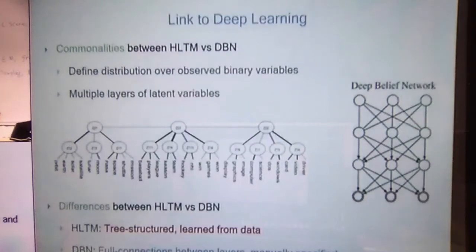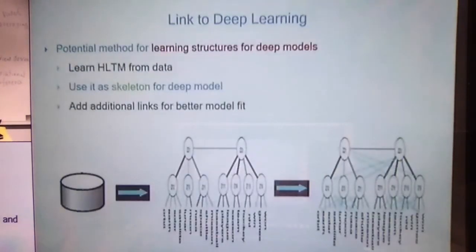So they have different strengths, and it would be interesting to explore some middle ground between those two extremes. One idea we have is, why don't we start from data, learn an HLTM, and then use this as a skeleton of a deep model? After that, we add some additional links to make it more complex, and hopefully capture more correlations, so that we can fit the data better. Actually, we have done that.